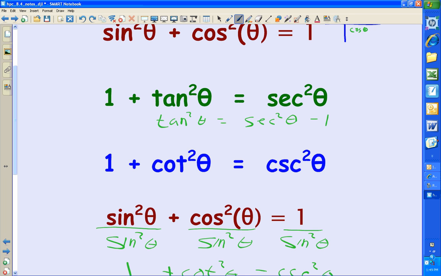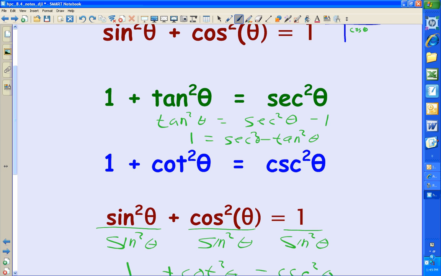But from here, that's a two-step transformation. Secant squared minus tangent squared. Okay. And then you could start multiplying by -1 and switching things around and so forth.